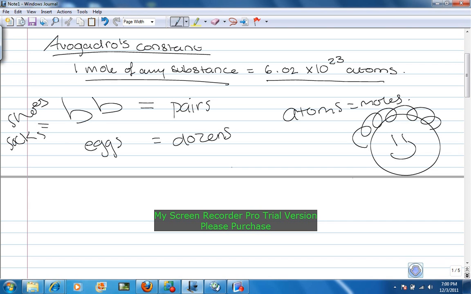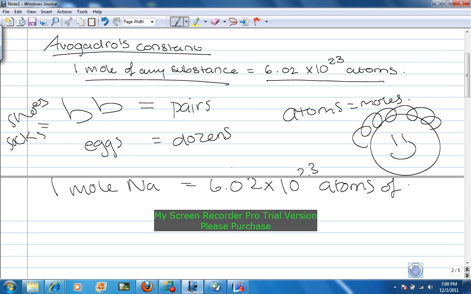This is called Avogadro's constant. So just like 1 carton of eggs contains 12 eggs, 1 mole of, for example, sodium contains 6.02 times 10 to the power of 23 atoms of sodium.